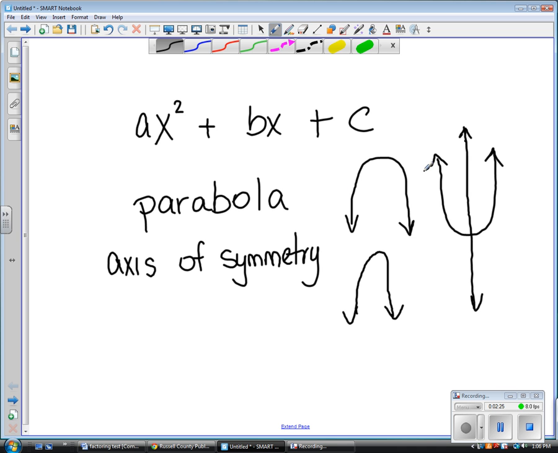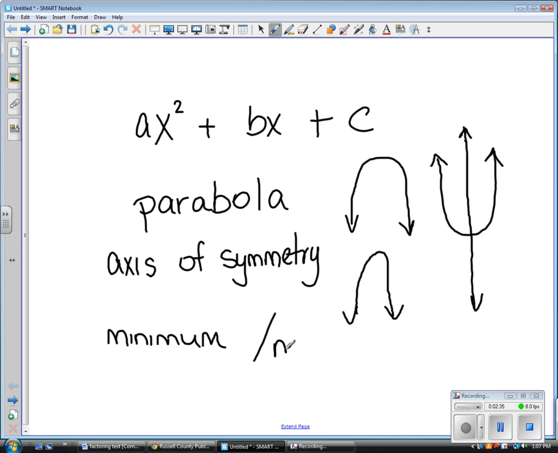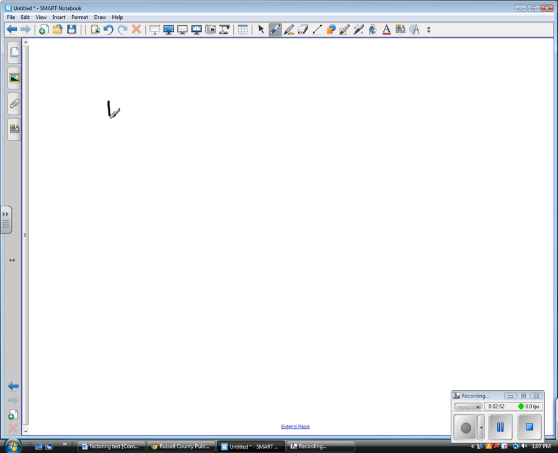Within these axes of symmetry and parabolas, we're also going to be talking about minimum and maximum. What is minimum? The least. So a minimum point is going to be on a parabola that opens up. I'm going to go to a new sheet of paper so we can do this.